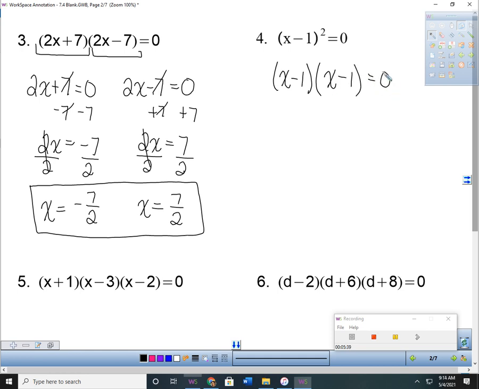So I'm going to write that as x minus 1 times x minus 1. Now I have two factors here, but they're both the same, right? So I don't need to set both of them equal to 0 because I'm going to get the same thing no matter what. So I'm going to add 1. So x is equal to 1.